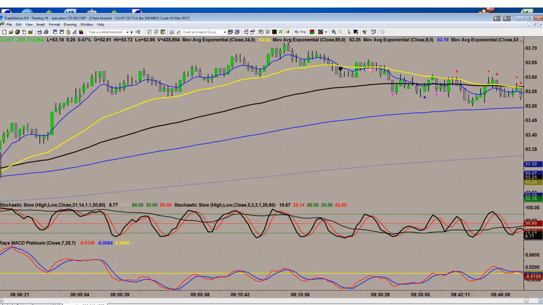Here comes the 89. But actually, we didn't eventually have a close above the 8 until here. And as you can tell right now, the 89 now is getting extremely flat. And this is, again, when we have problems in regards to trying to make a decision here.